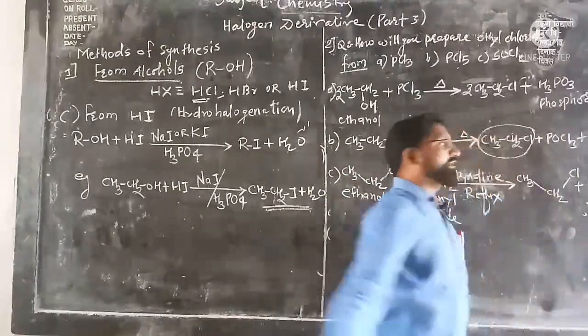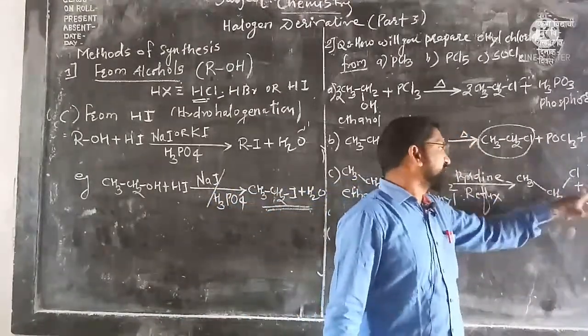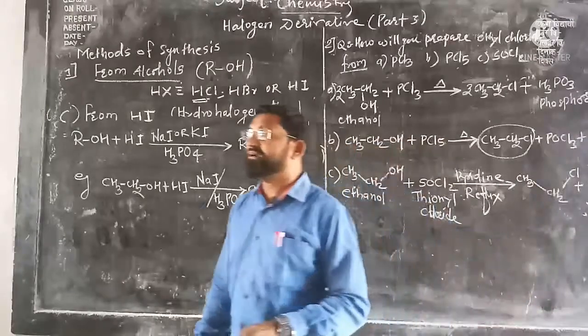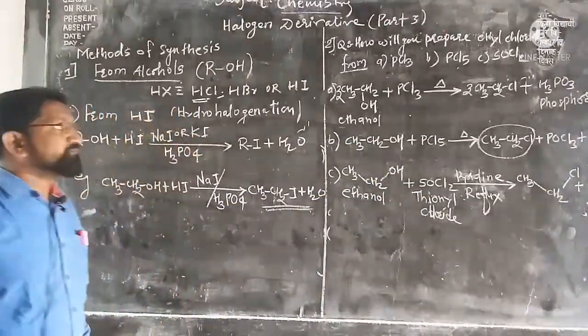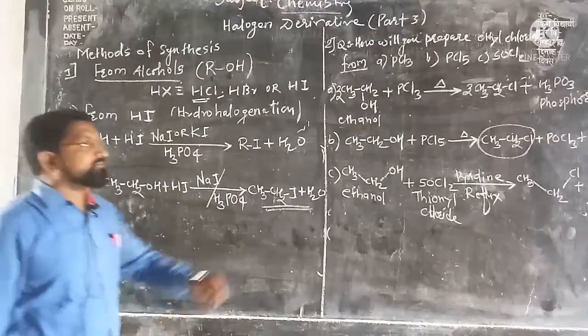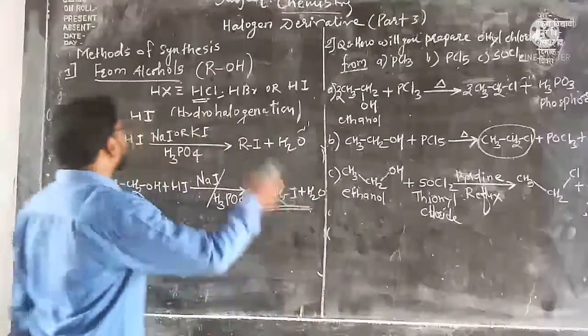So whatever byproducts we obtain are gaseous, along with the desired product, chloroethane or ethyl chloride. In this way we can prepare ethyl chloride from PCl3, PCl5 and SOCl2.